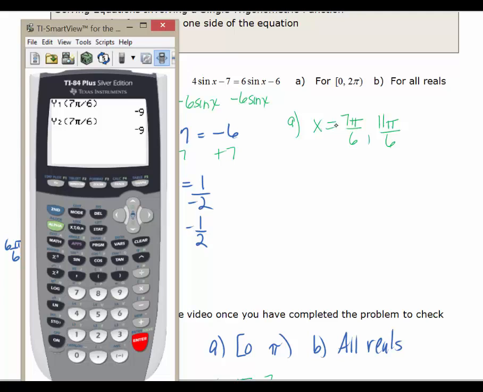So let's go ahead, so we can be sure that the 7 pi over 6 is a solution. Let's go back and evaluate each of these for 11 pi over 6. So we can repeat the process by going into vars and Y-VARS and pull up y1 and y2. So let's do that. We'll go vars, Y-VARS, function, y1, and we'll evaluate this at 11 pi over 6.